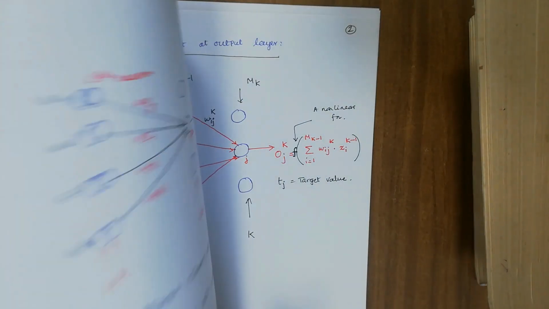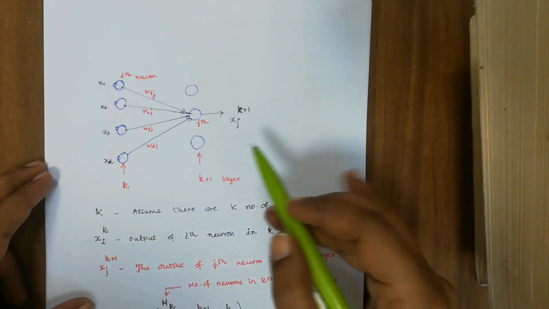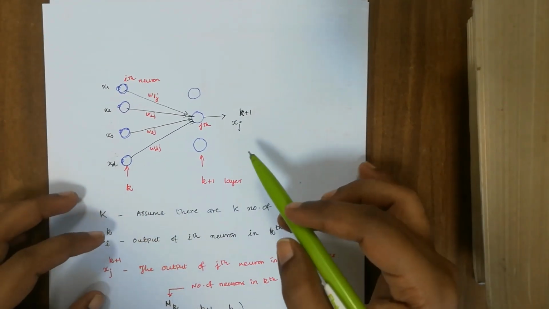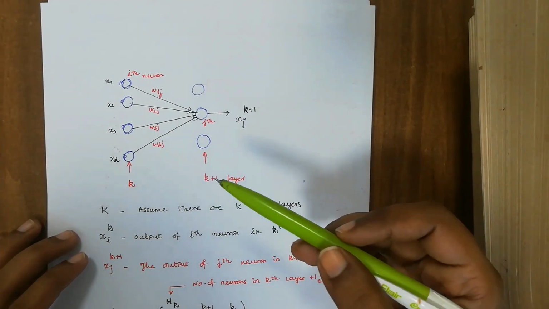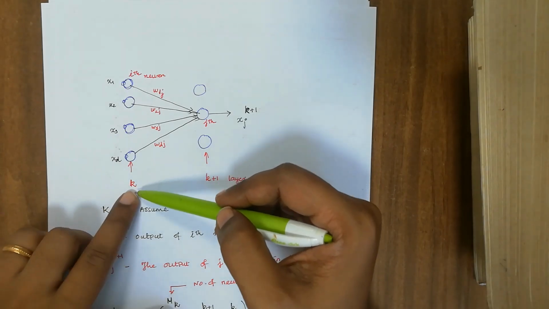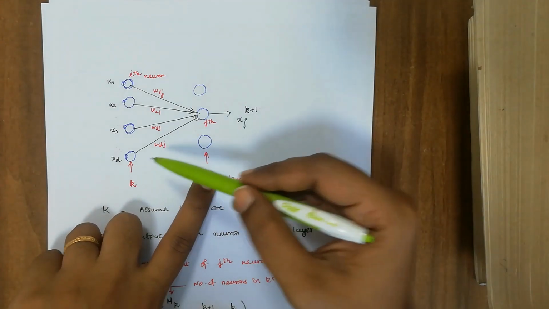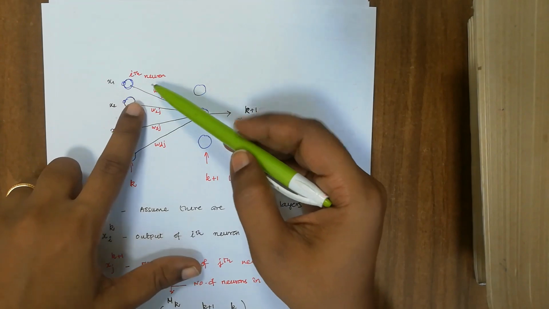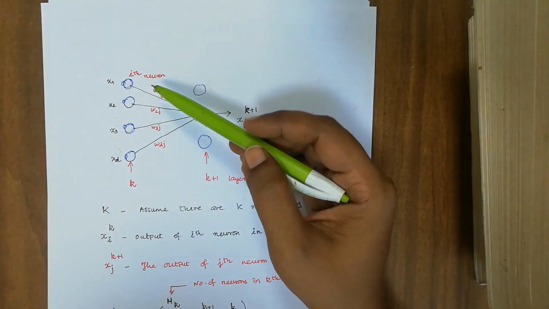Now let us take this diagram, which is the same as I have given in the PPT lecture. So now let us understand the terminology, because we are going to use this terminology shortly. If we take any layer, let us represent it as small k, and then the layer next to the kth layer can be represented as k plus 1.